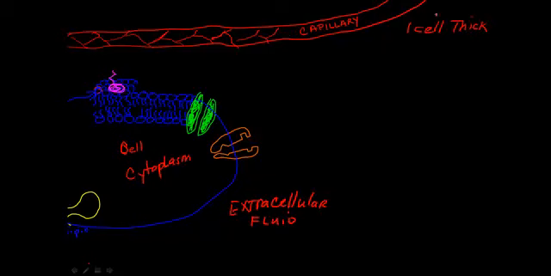And it has small openings, and this can flap. So the pressure that comes, say it's coming in this direction, the pressure will push plasma out into the extracellular fluid. This is called filtration.